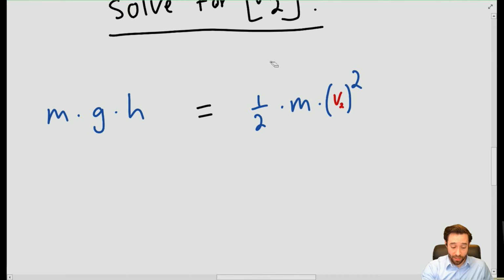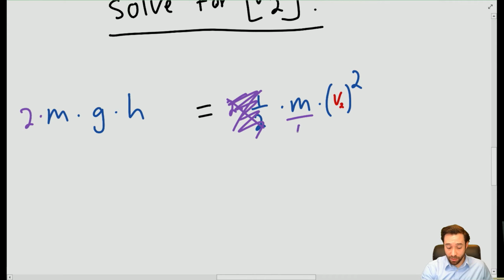Let's do this one at a time. This 1/2, I have to multiply by 2. So 2 times 1/2 makes this part change to 1, and 1 times anything doesn't change my problem. If I do it on the right side, I must do it on the left side. So now I've only got m times v2 squared.